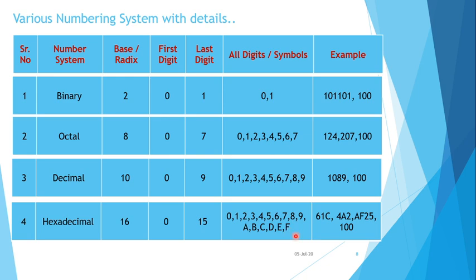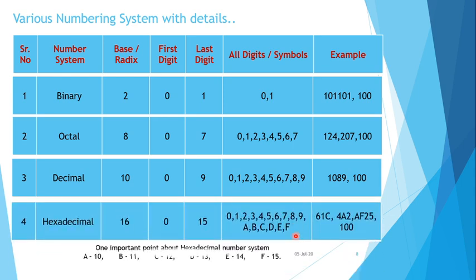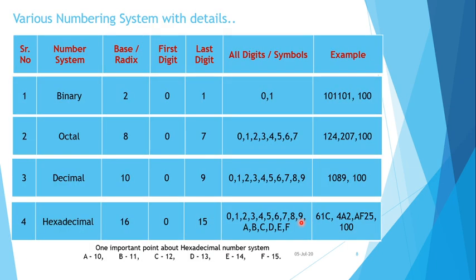Okay, one interesting part about this hexadecimal number system is that, just to differentiate between decimal and hexadecimal: in decimal, if you take the combination of 1 and 0, it becomes 10, right? But in the hexadecimal number system, after 9, the values are represented in alphabets.